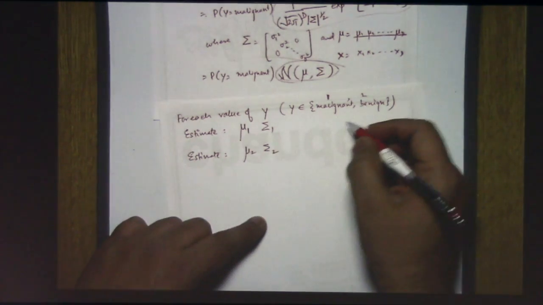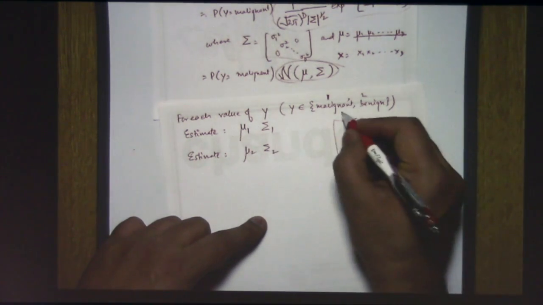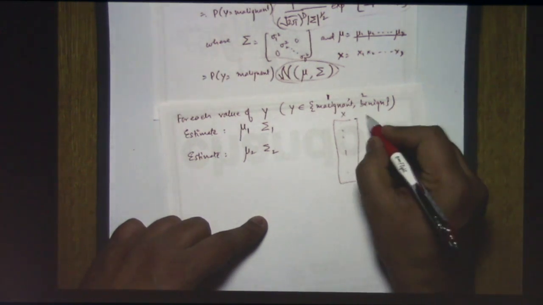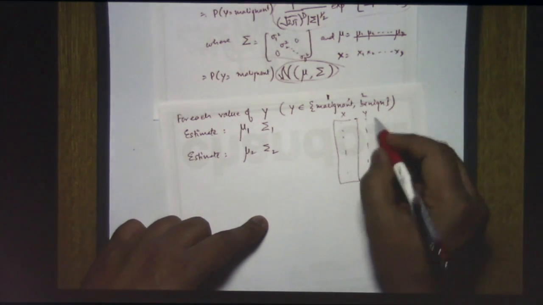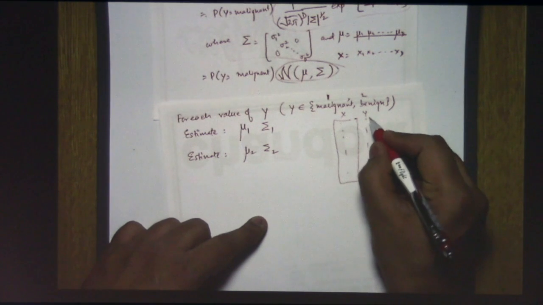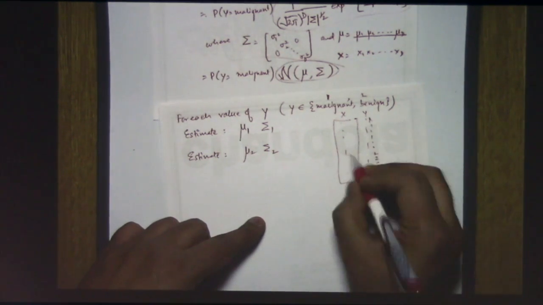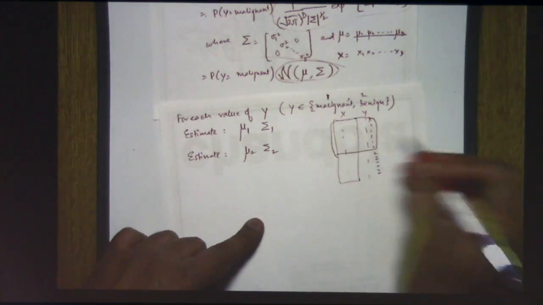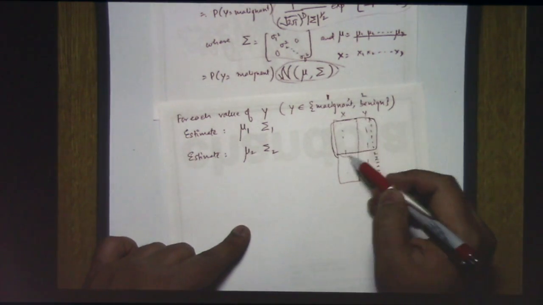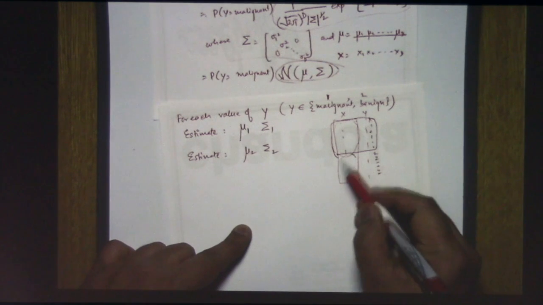So if you're given some training data, remember, a training data set in this case is a bunch of x's and then their corresponding labels. These could only be ones or twos. Let's say I arrange them such that all the top few are ones and the last few are twos. So this is all your x's for the first class, all your x's for the second class.